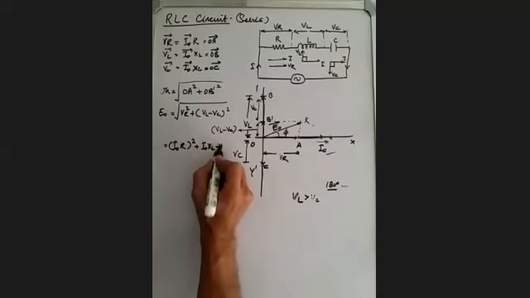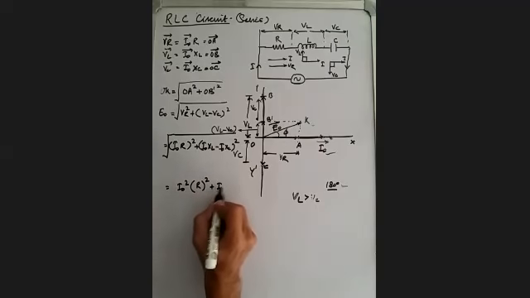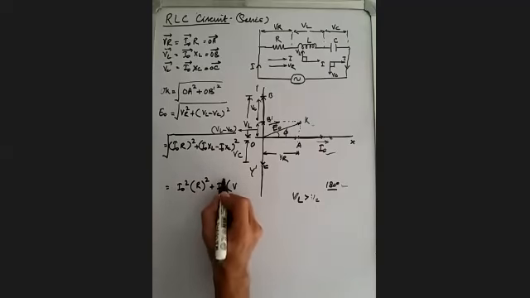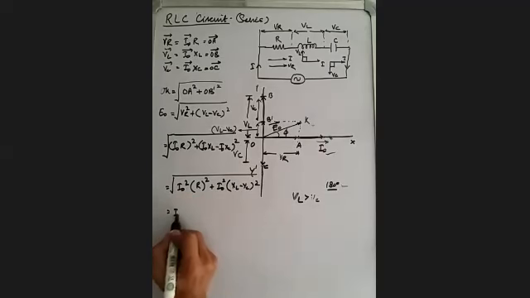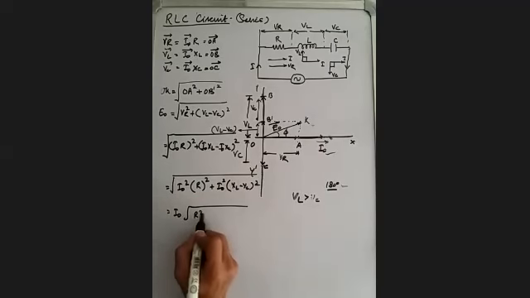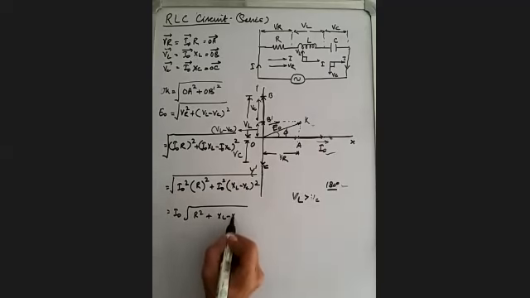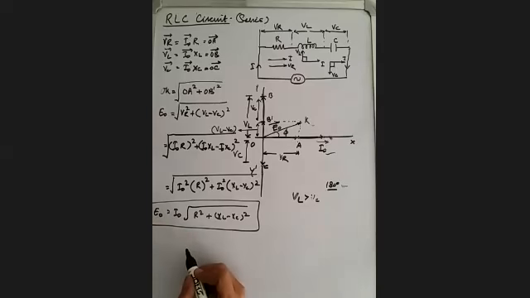Now I naught comes outside, so I naught times the square root of R square plus (XL minus XC) whole square is equal to E naught. This is the magnitude of the resultant voltage.